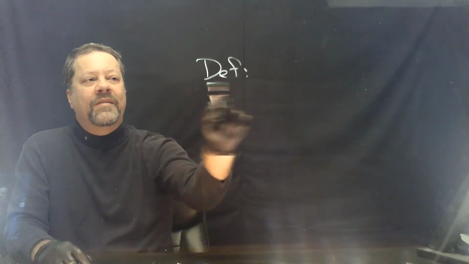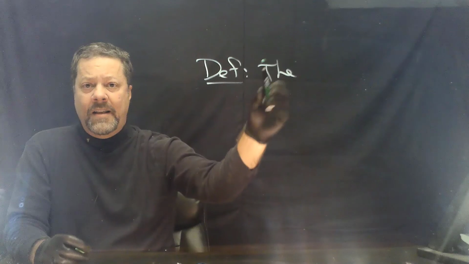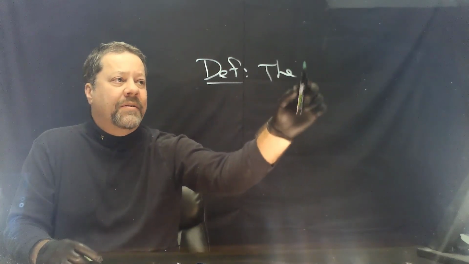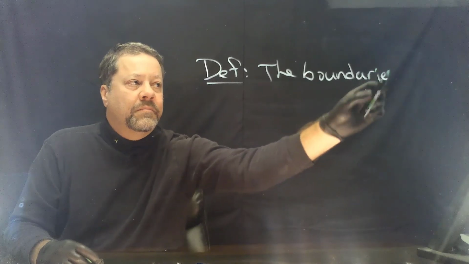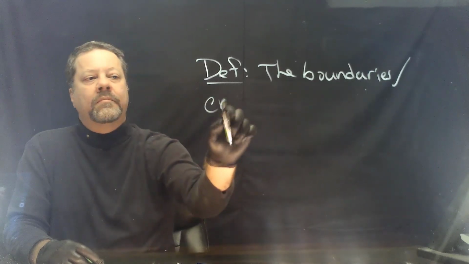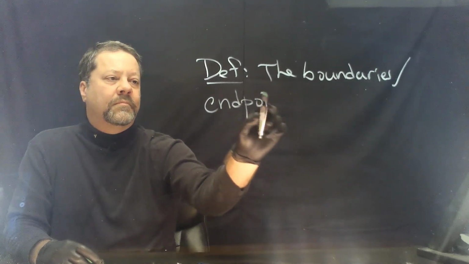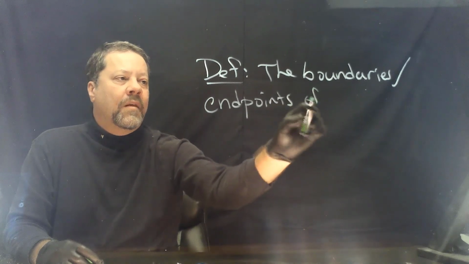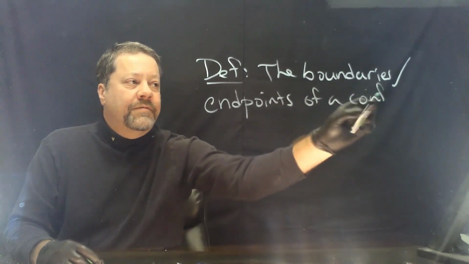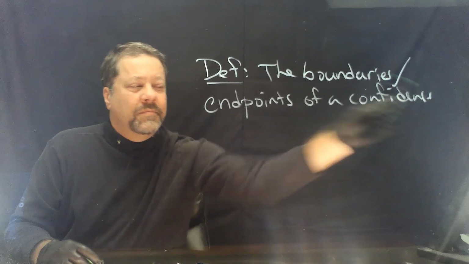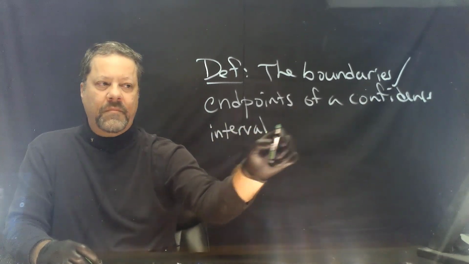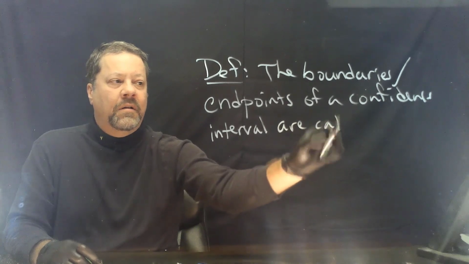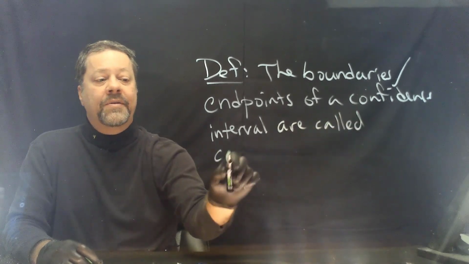What is more, the boundaries or the endpoints of a confidence interval are called critical values.